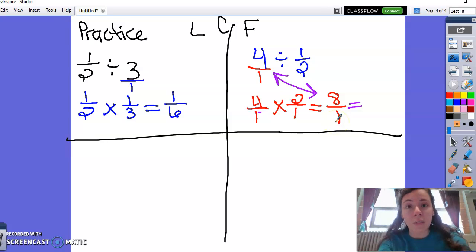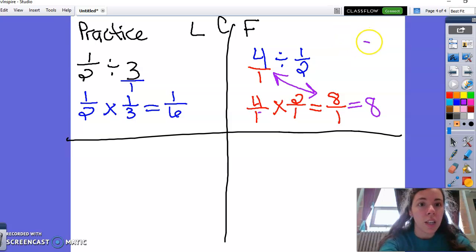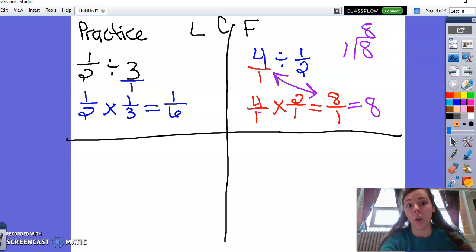Well, we know that we can divide to do that, but I'll make it even easier. Anytime you see a number over 1, it's just itself. Just like that. And we kind of looked at that earlier in our example when we would have 8 divided by 1. Well, 1 goes into 8 eight times. So any number sitting on top of a 1 is itself. So you don't really have to worry about it too much.